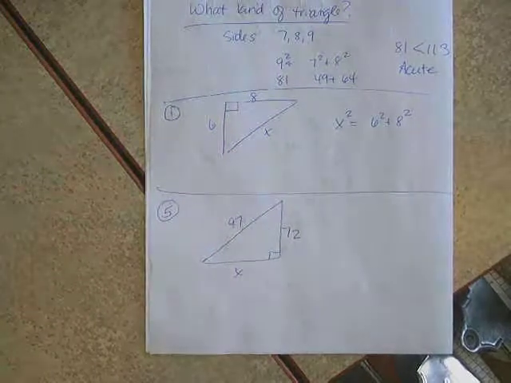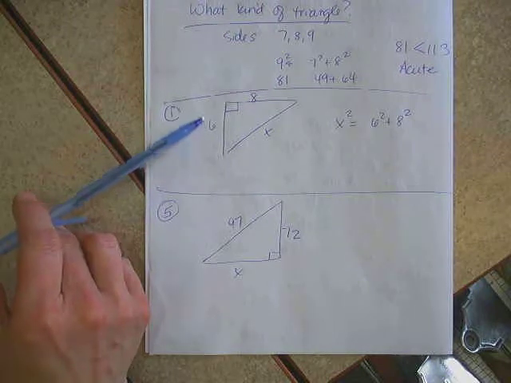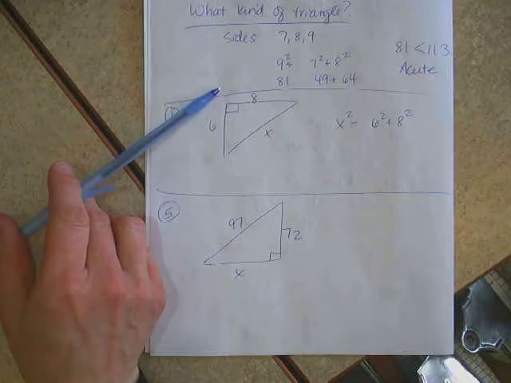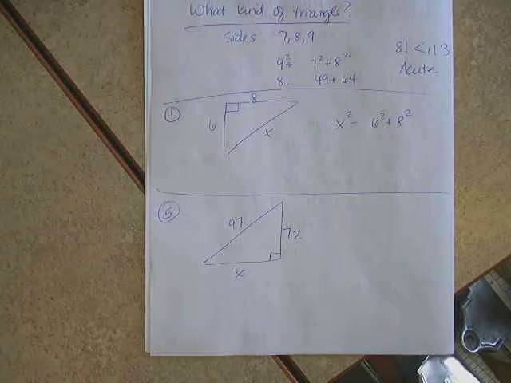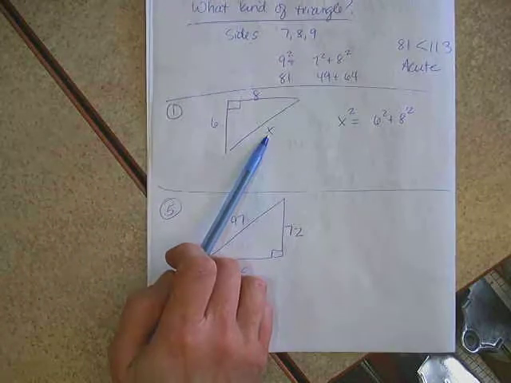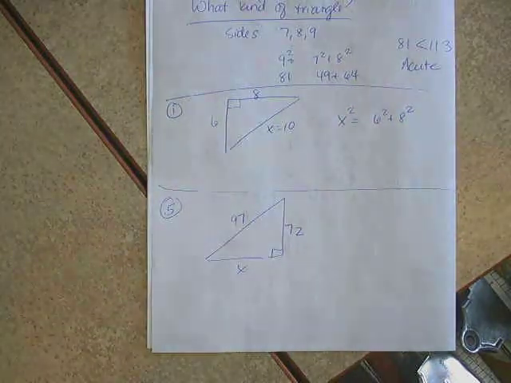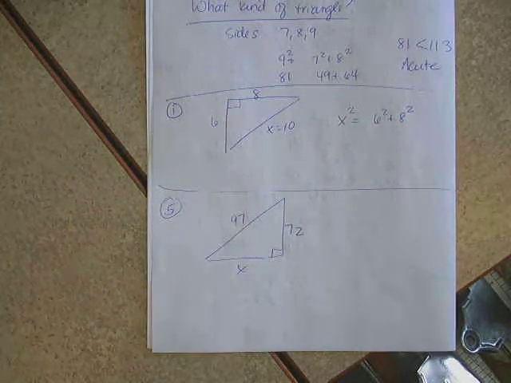Okay, and on this one, which part of that needs to go by itself? What is C? X. So x squared equals 6 squared plus 8 squared. Now, if you finish that, that's fine, but just a heads up, if you notice, 6 and 8 are twice as big as 3 and 4. It's a Pythagorean triple, right?